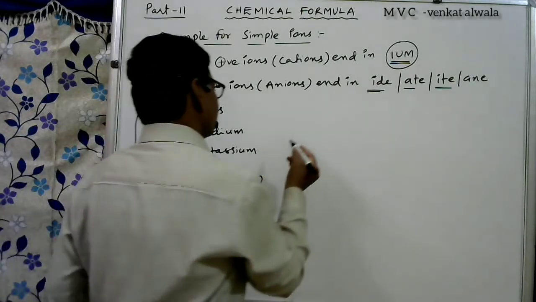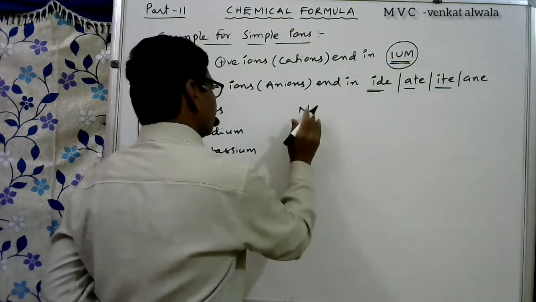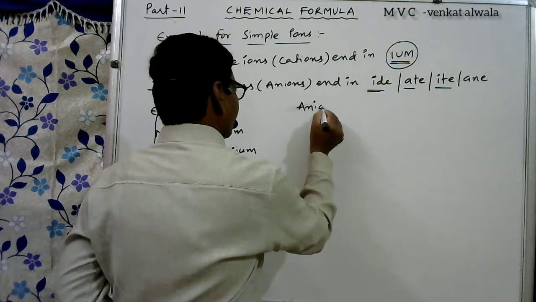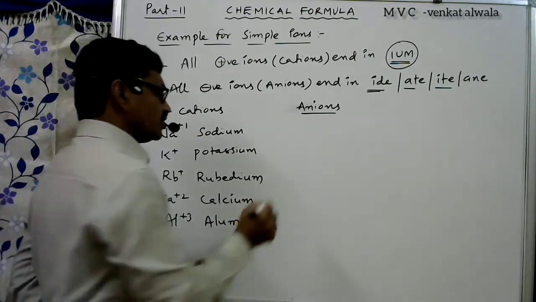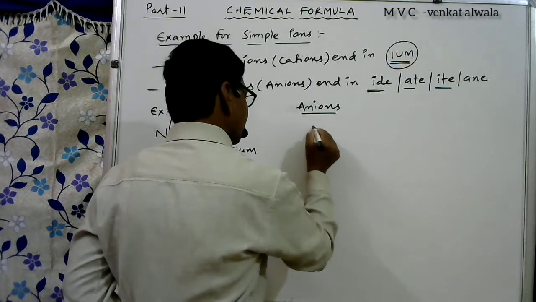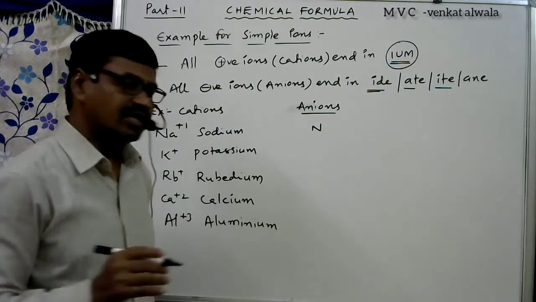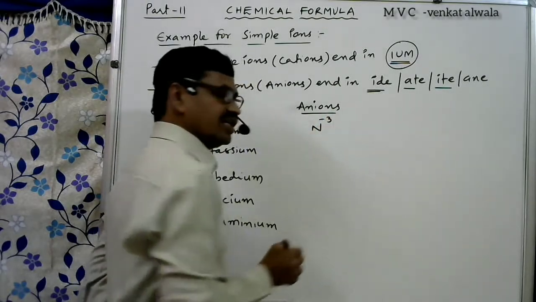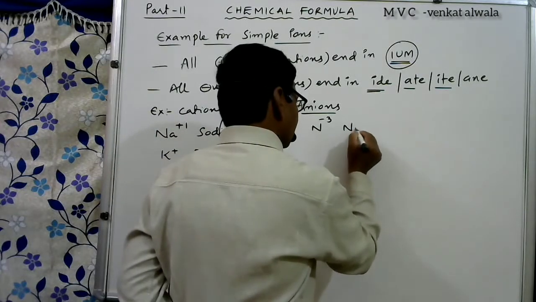See, similarly, here N, nitrogen anions are written. Examples for anions. Nitrogen, atomic number 7. So as to get 10 electrons, it will require 3 more electrons. So after adding 3 electrons, it will get a -3 charge. So this is a simple ion, no?